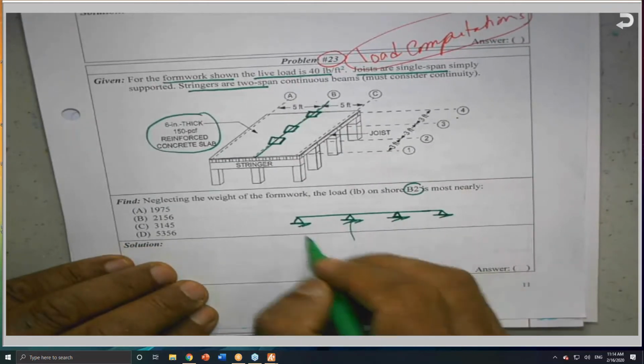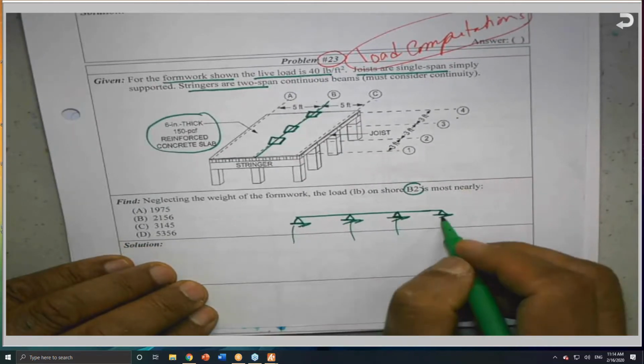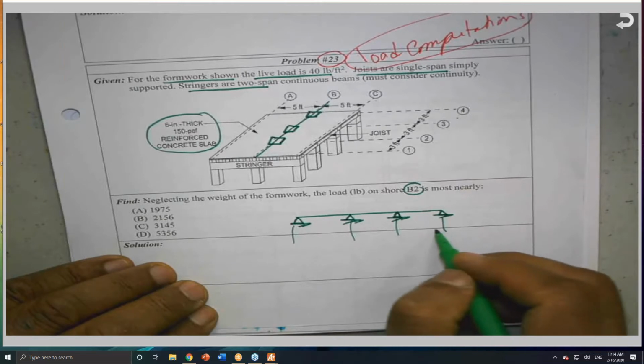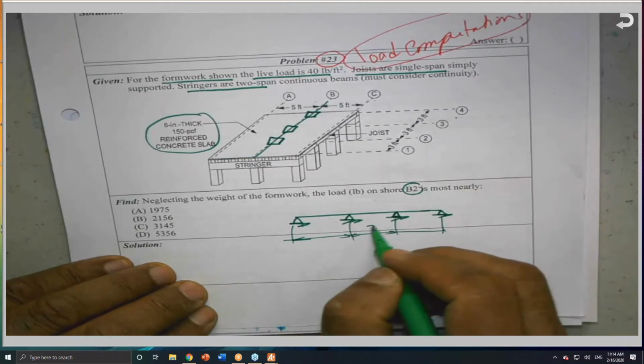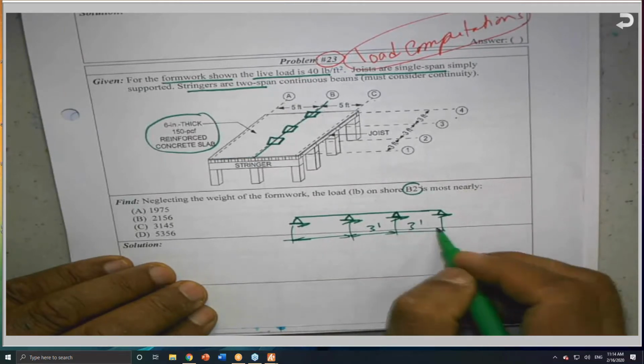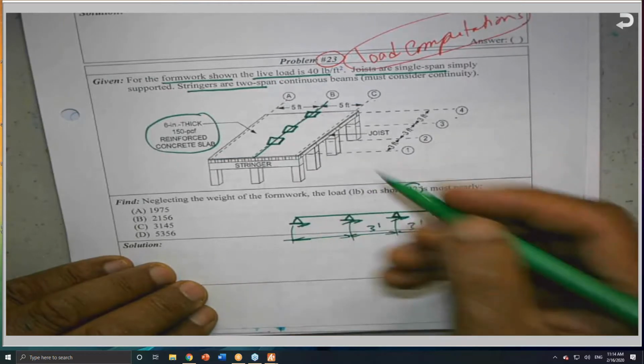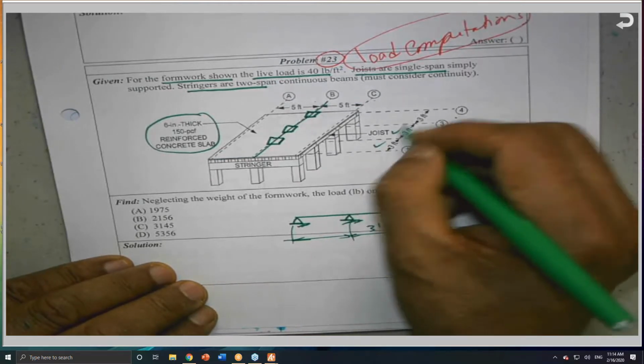How much is the distance between them? It is given to you: 3 feet. So the 3 feet is given, here it is.